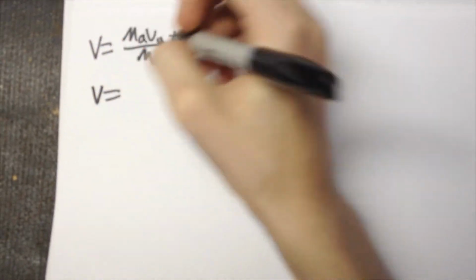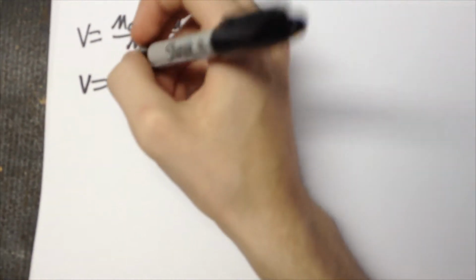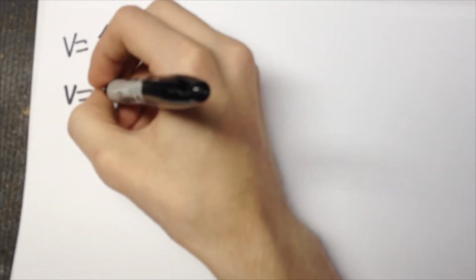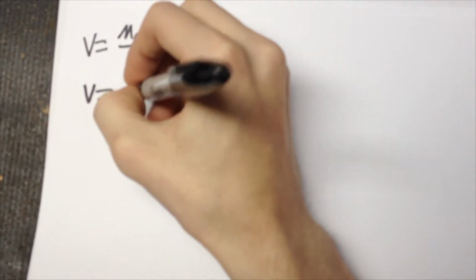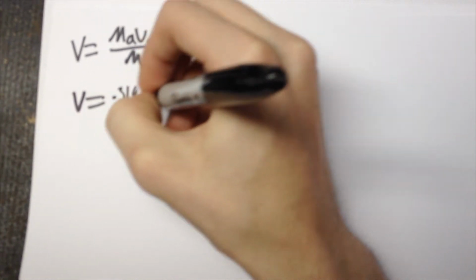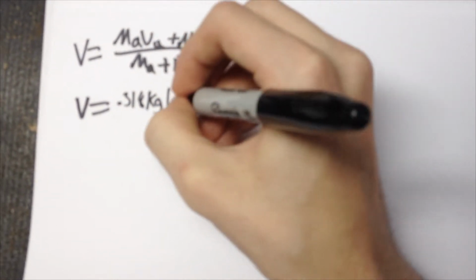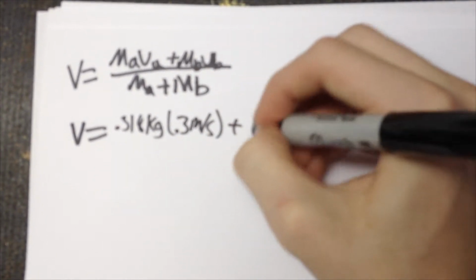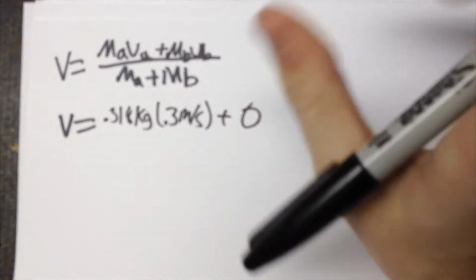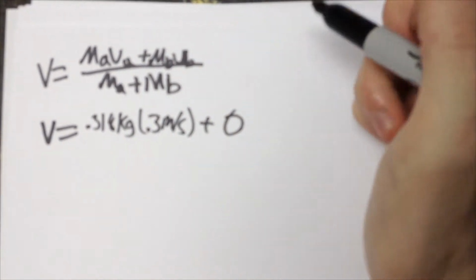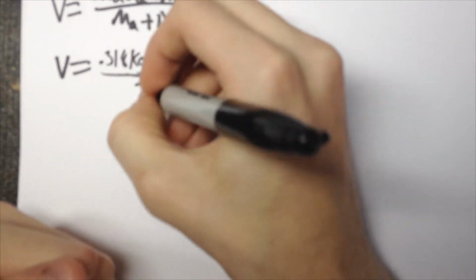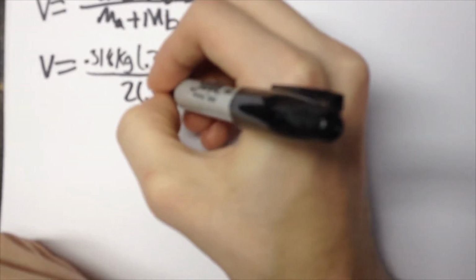So when we plug these in, we weighed the water bottles and found the speed of it. The mass is 0.318 kilograms, and the speed was 0.3 meters per second, plus 0, because it has no velocity, it's a stationary bottle, divided by 2 of 0.318.